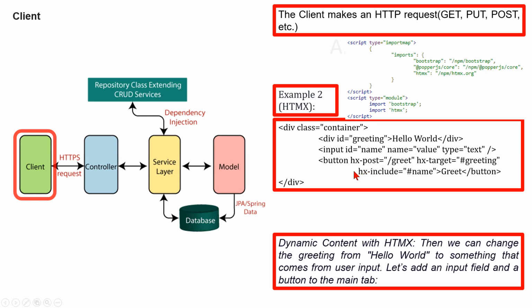This one says when a user clicks on the button, send a POST to /greet, including the name in the request, and render the result by replacing the content of the greeting.